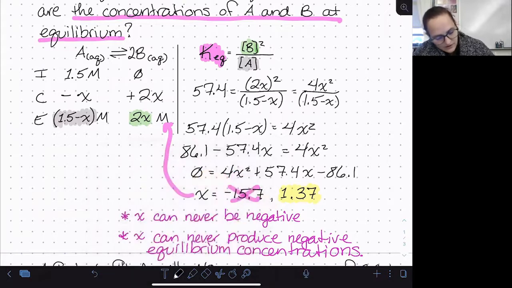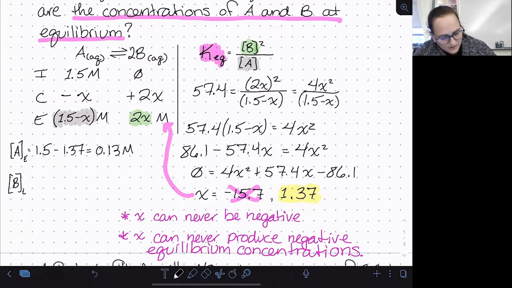So the concentration of A at equilibrium we know is 1.5 minus x. It's going to be 1.5 minus 1.37, which gets us 0.13 molar, and the concentration of B at equilibrium is equal to 2x, so that is 2 times 1.37, which is going to be 2.74 molar.